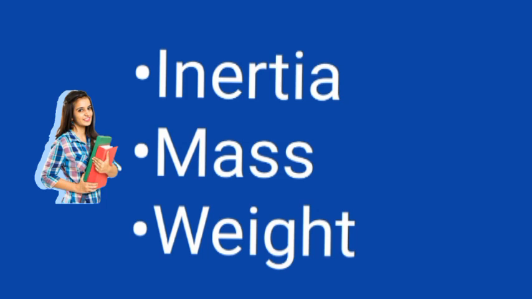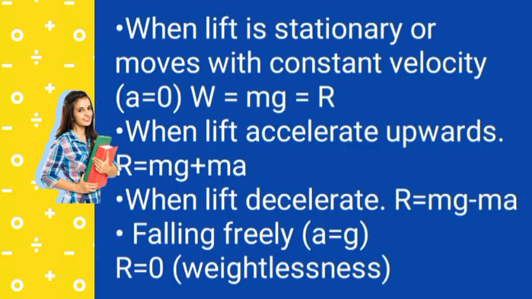Let's look at weight in a lift. When the elevator is stationary or moves with a constant velocity, the acceleration is 0. Then the weight equals the reaction force acting in that lift.